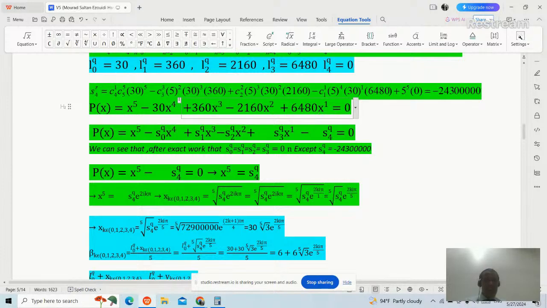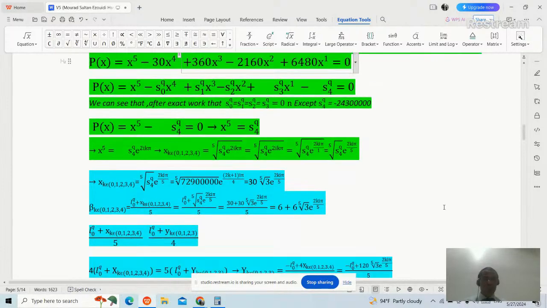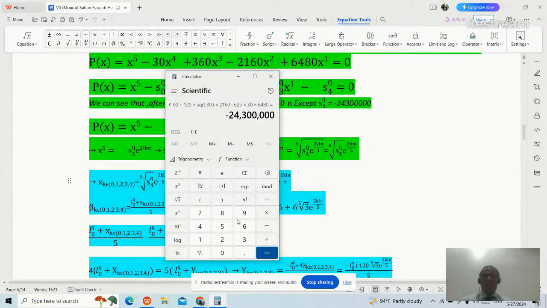Now I'm just going to replace my value, which is negative 24350. I will divide by negative 30, between parentheses, negative 30 raised to the power 5.